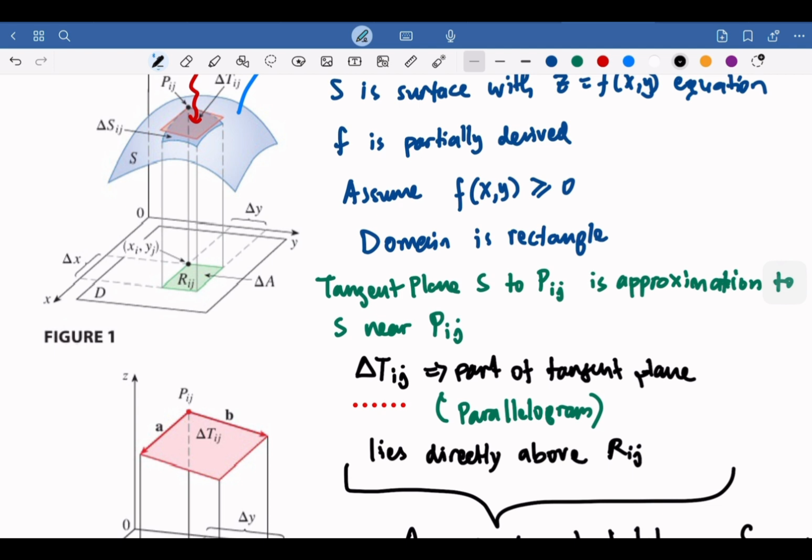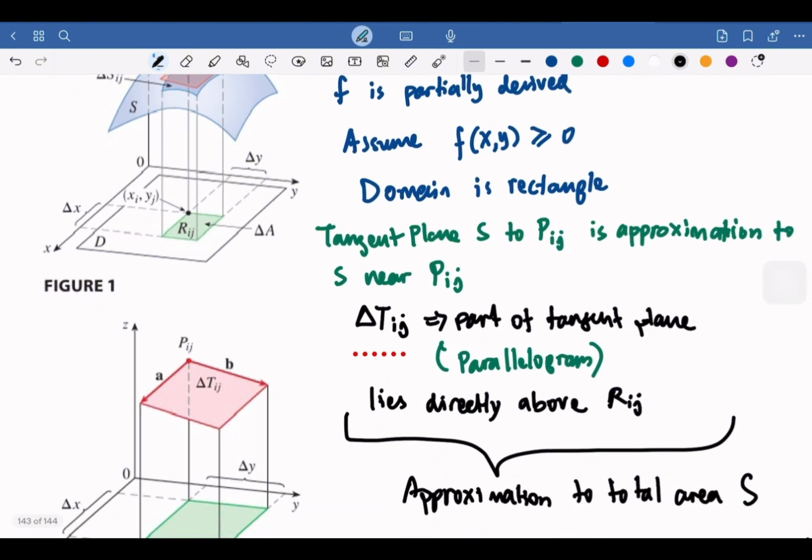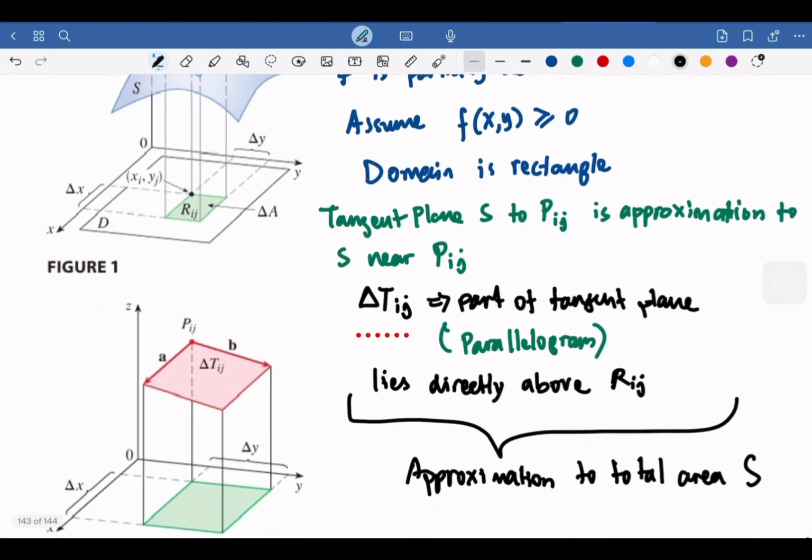Then we need to define this parallelogram, this delta T, in terms of the vectors a and b.